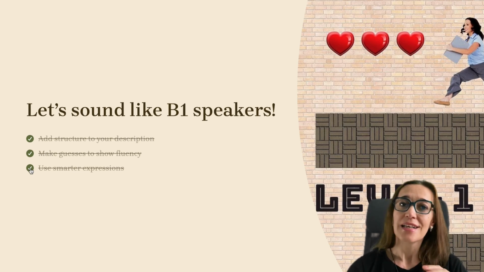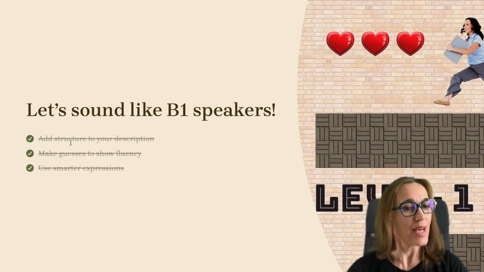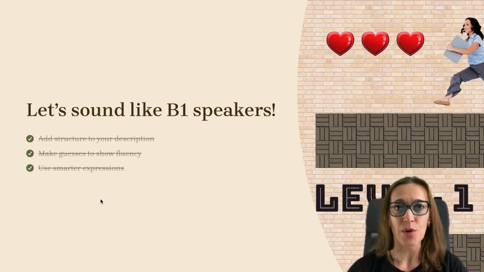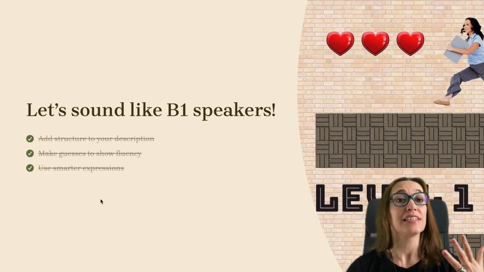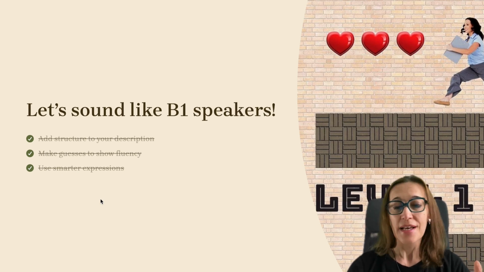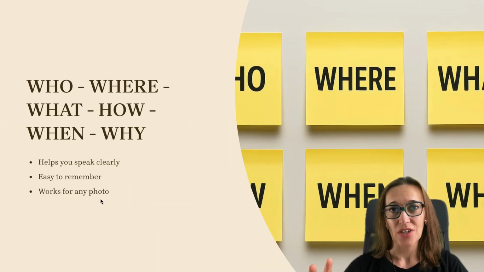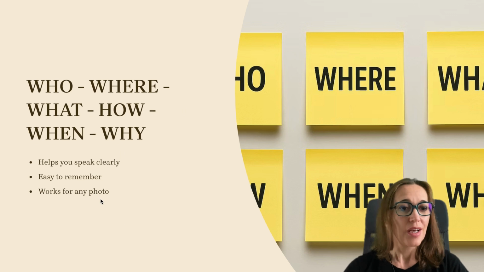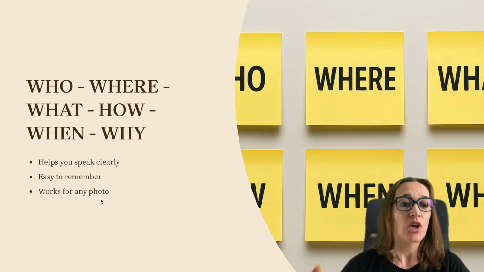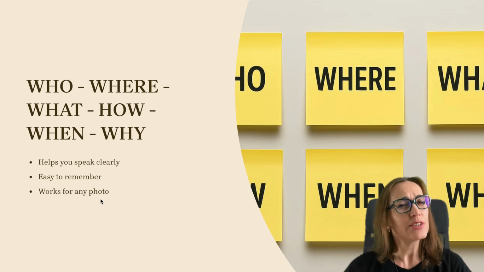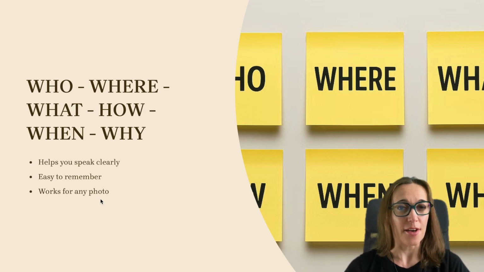All right, let's develop now our first step, how to add structure to our description, to our 1 minute long turn describing the photograph. Here are 6 magic question words that will help us speak clearly, with confidence. They're easy to remember, and no matter the photograph, they are here for us.